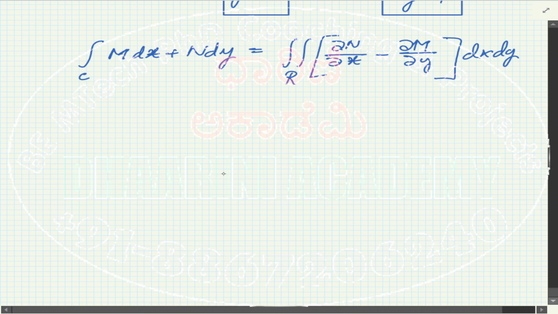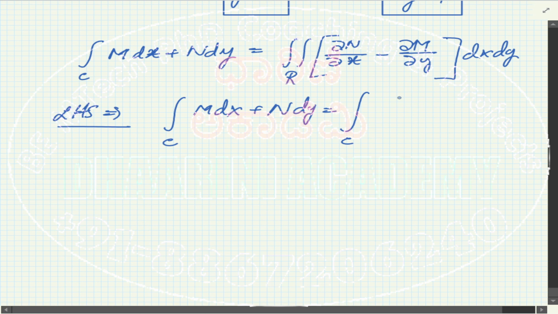All right, now to start with the LHS, that is, I want to perform the integration over C of M dx plus N dy. According to this problem, this is nothing but the integral over C of (xy plus y squared) dx plus x squared dy.